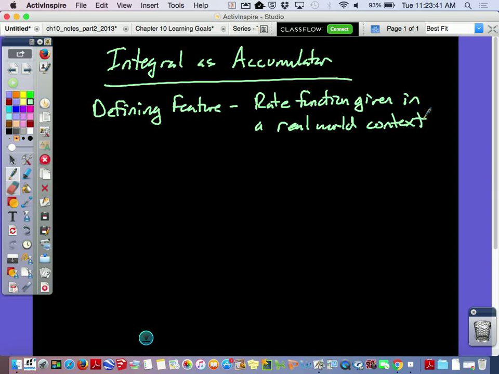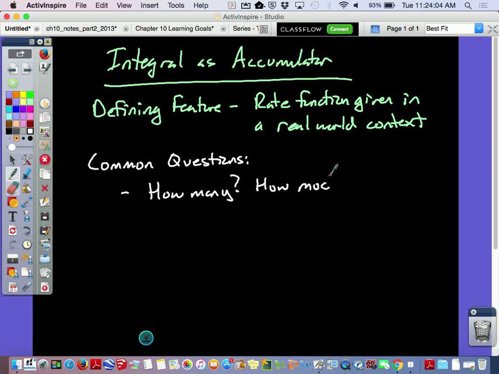Okay, now what happens with that is we'll be given a lot of questions concerning that rate. And so, common questions that will come up is they'll ask us for how many, they might ask for how much, and these are getting really at the big idea of the integral as accumulator.